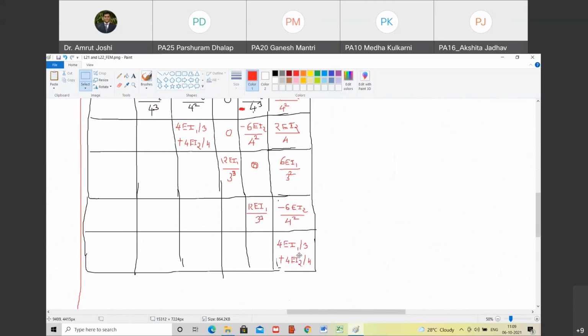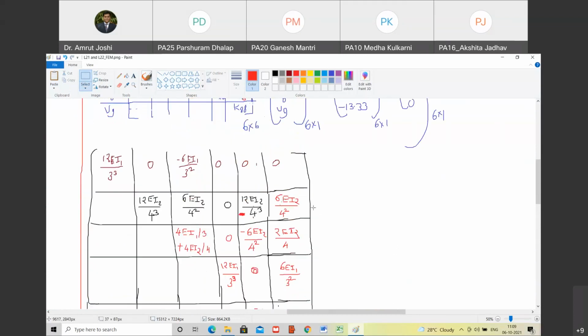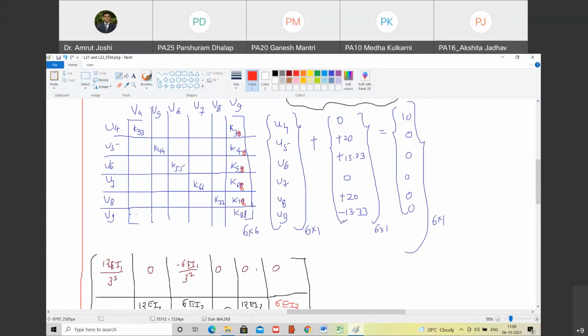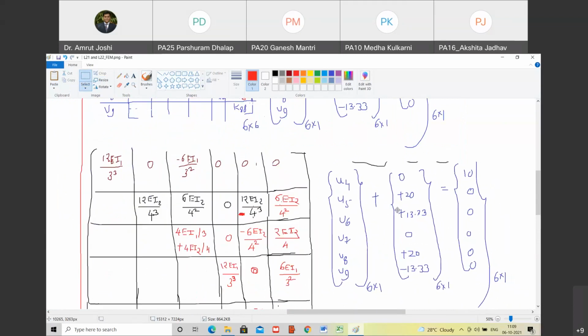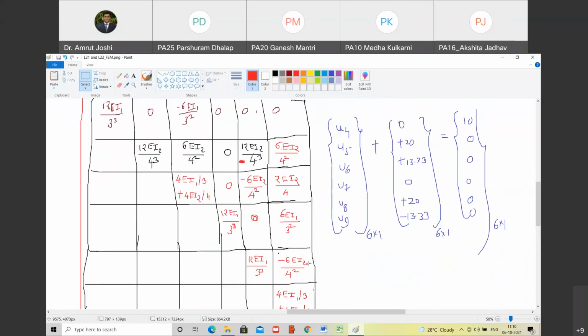So that element I have taken here. So that completes the stiffness matrix. And then the remaining part of the equation remains the same. So I will just put it here. Are you with me? Yes, sir.